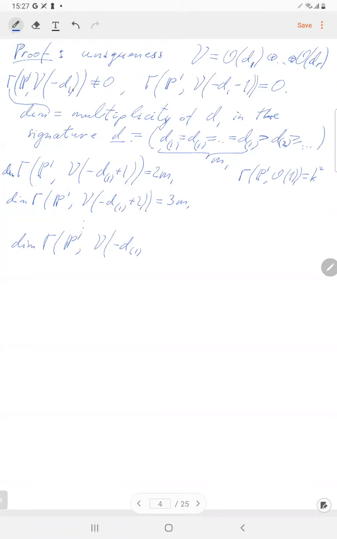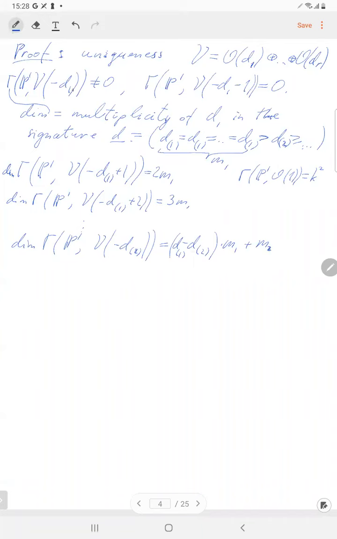So when I twist it by negative D2 finally, then it becomes D1 minus D2 times m1, and then plus m2, and so on.